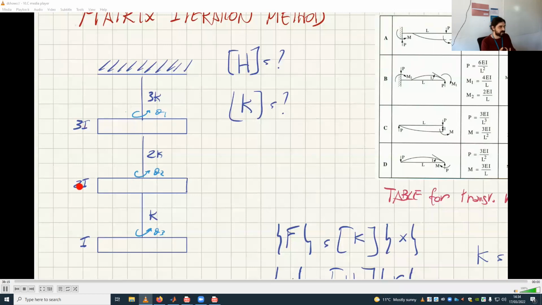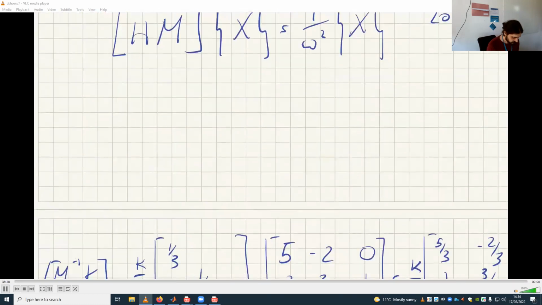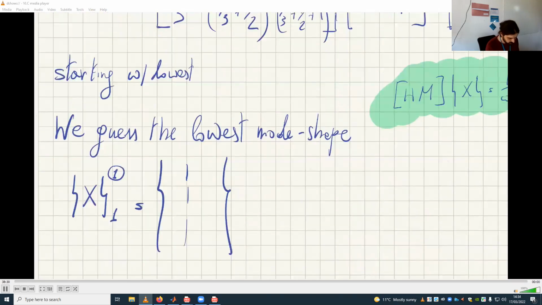This is 2I, this is I. So definitely this mass will be moving less than this and less than this. So instead of 1, 1, 1, let's choose 1/3, 1/2, and 1.